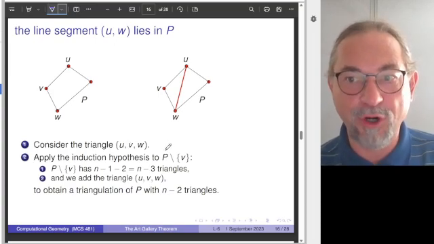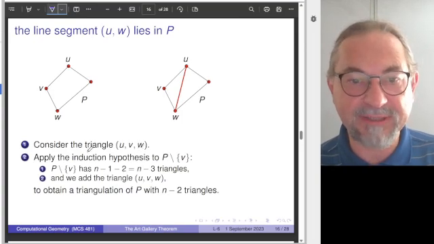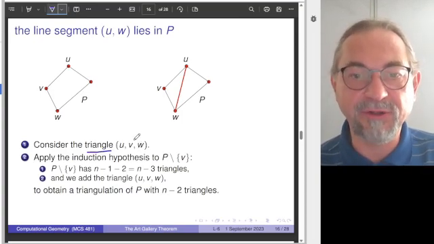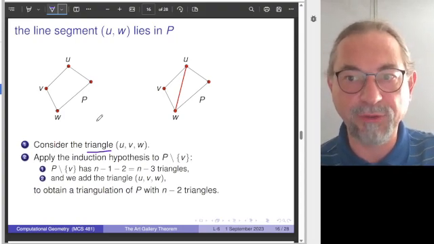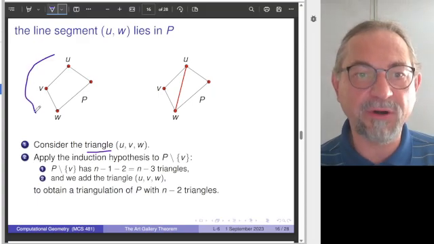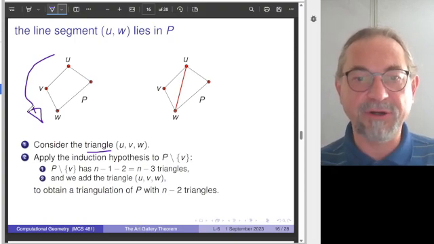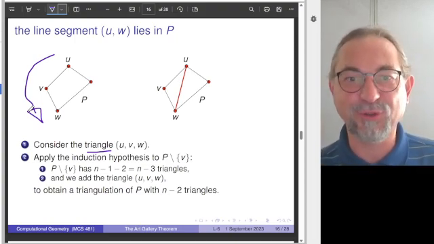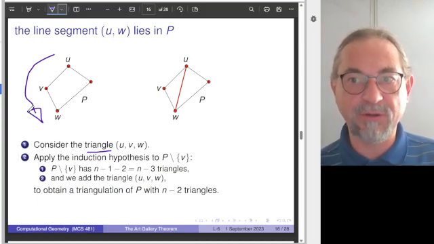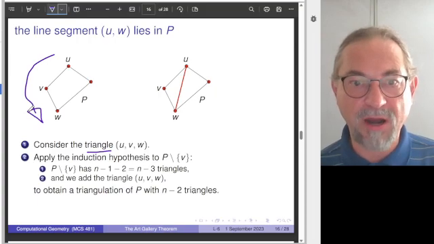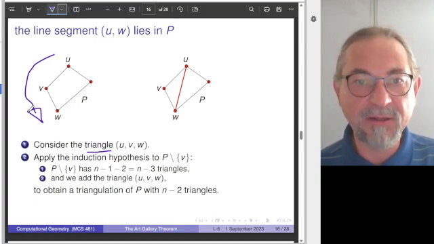In the proof in words, if you don't want to see the pictures, you have to say that it's implied by the triangle, because you picked the leftmost vertex in your polygon. U and W are in the orientation, so I'm now working counterclockwise, but in the orientation, the alphabetical order here too: U, V, W. U is adjacent to V and comes before, and W comes after. So that is what it means to consider the triangle.